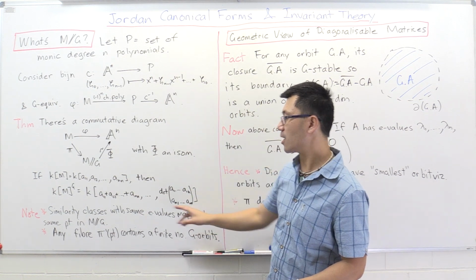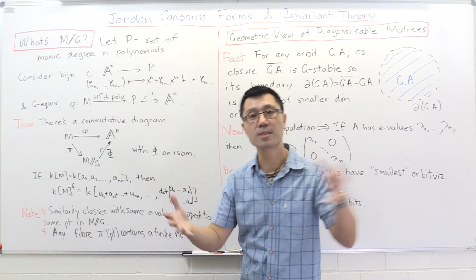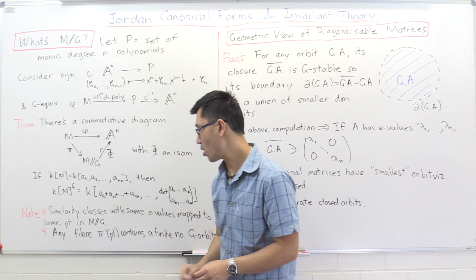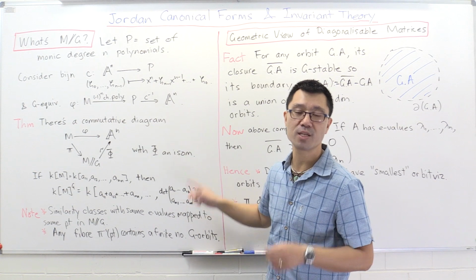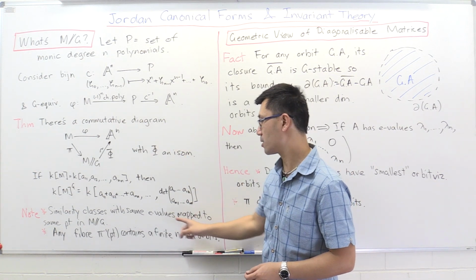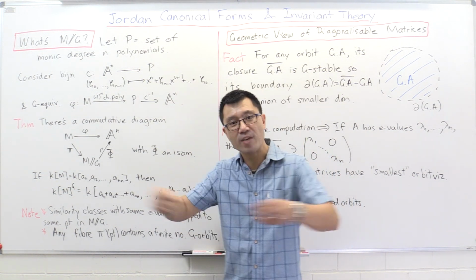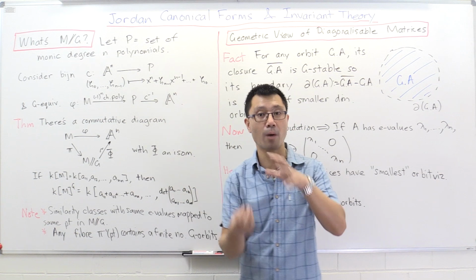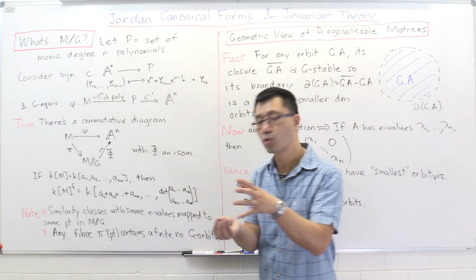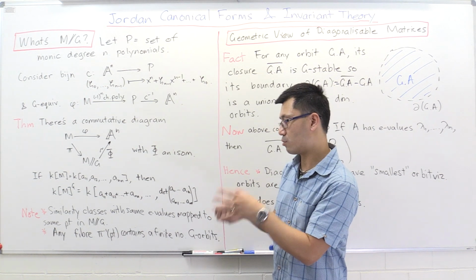So firstly, this map pi, remember, it doesn't separate orbits. Some orbits get smashed together. And which ones are those? They're precisely the ones with the same characteristic polynomial, and hence the same eigenvalues. So if we fix a set of eigenvalues or a characteristic polynomial, you could of course get different G-orbits representing that.